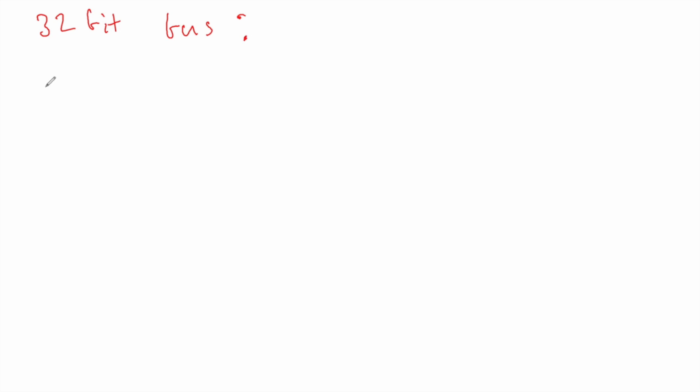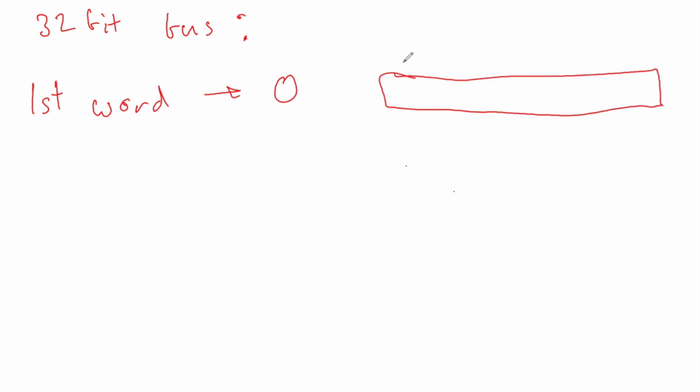So that means that if you are accessing a particular byte, it will be part of a word that is aligned to multiples of 4. So your first word in memory is going to be starting at address 0. Okay? And if you were to look at the bytes of that word, the first byte would be starting at address 0. The second byte would be address 1, 2, and 3 in memory.